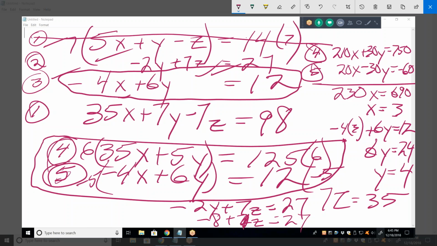That's more important than anything else. I'd rather you not learn anything else here, but get your arithmetic right. Because what I would really hate to see is you take your test and you're doing everything right, but you make a silly little error like you just made there, and you're not going to get the right answer. So z is equal to 5. So you got z equal to 5, y equal to 4, and x equal to 3.